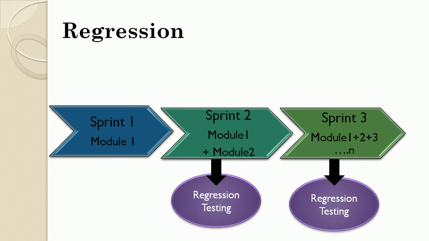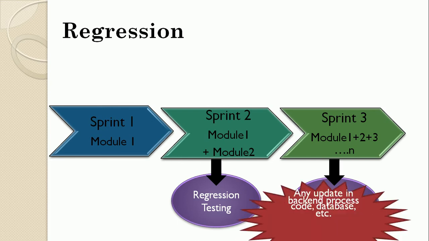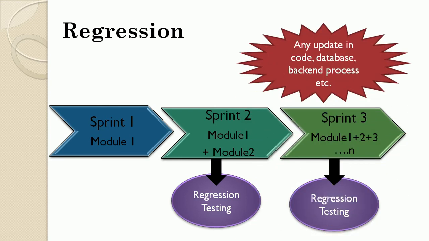Regression testing is one kind of testing that needs to be repeated multiple times. For any update in the code, database, or any kind of backend process, we can go for regression testing. It could be before every release, when a complete regression test needs to be done, or after every change to the code, in the form of partial regression testing.